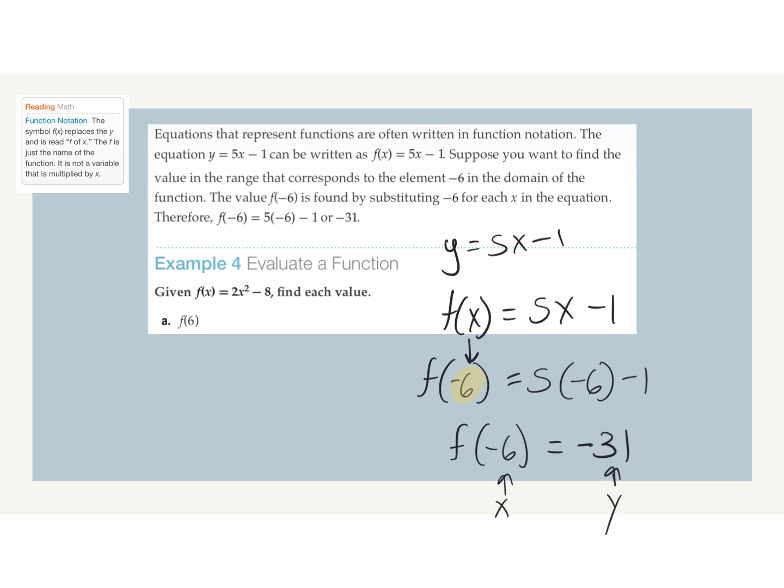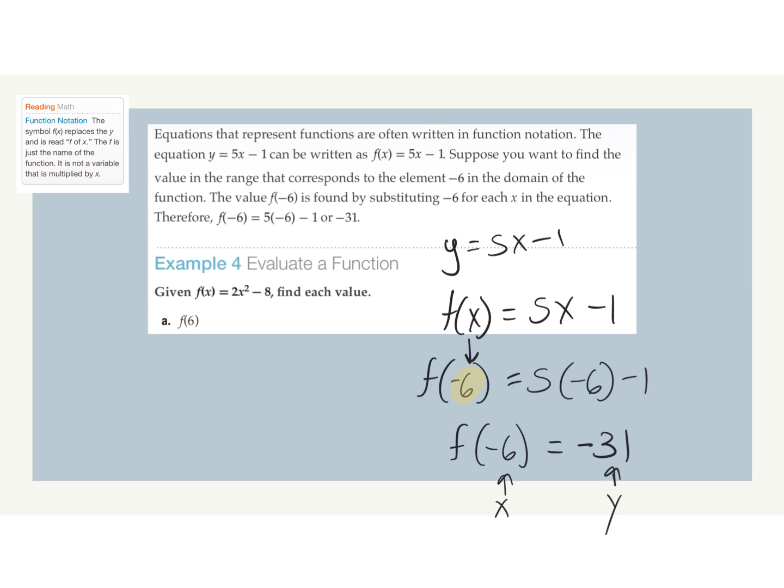Don't stress if it says f of x or g of x or h of x. It's the exact same thing, a different name for y, just with a different variable. The x just means the domain, and what we get out of it will be the range, the y. So it's just good to understand how function notation works.